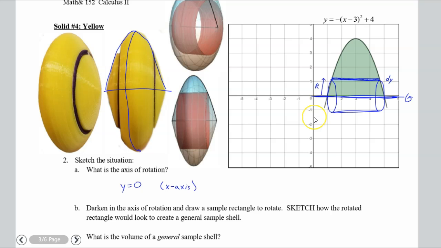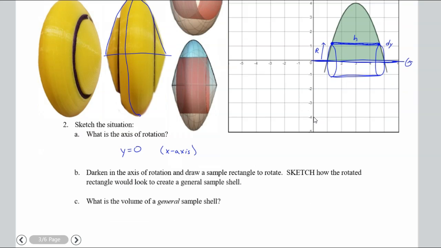So we'll define what that's going to be in a minute, and then times the height of this cylinder. So that would be, in this case, this horizontal stretch from this x value on the left to this x value on the right. So we'll go ahead and put that in. So volume of a sample shell is going to be 2 pi r h times dy.